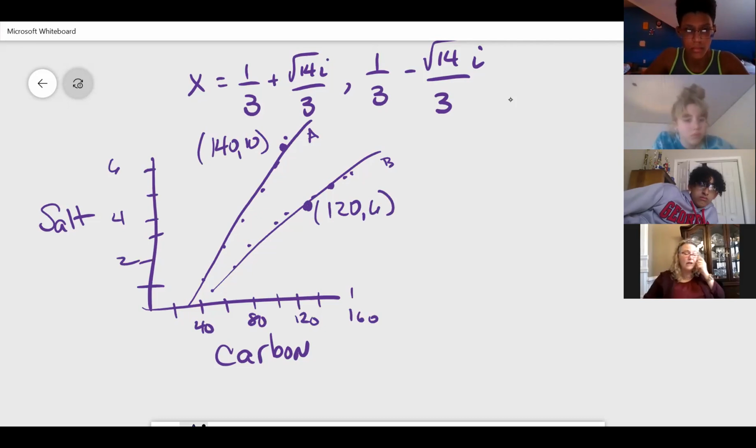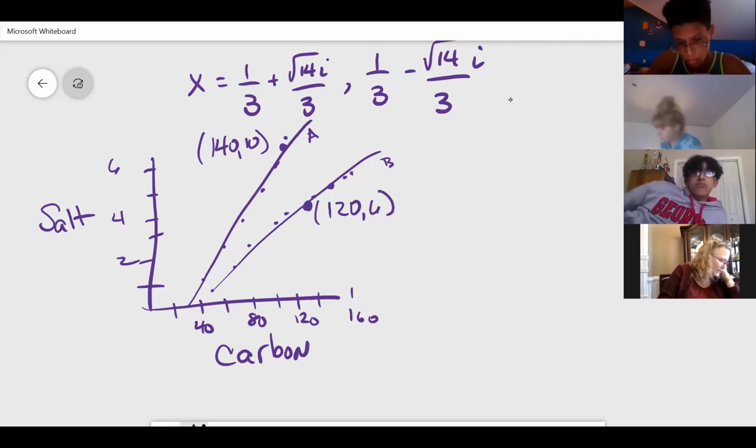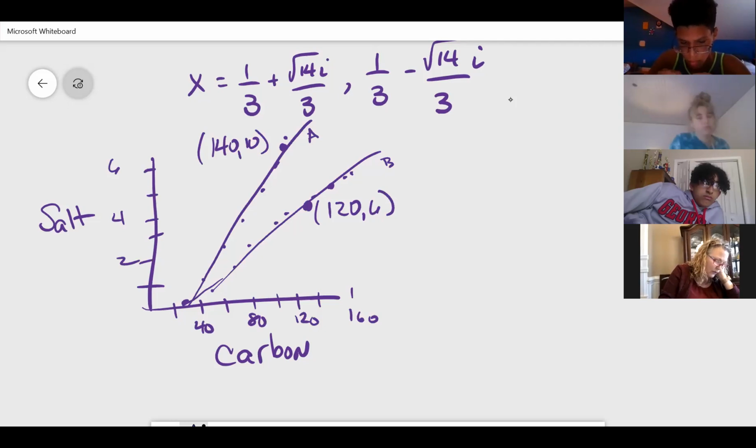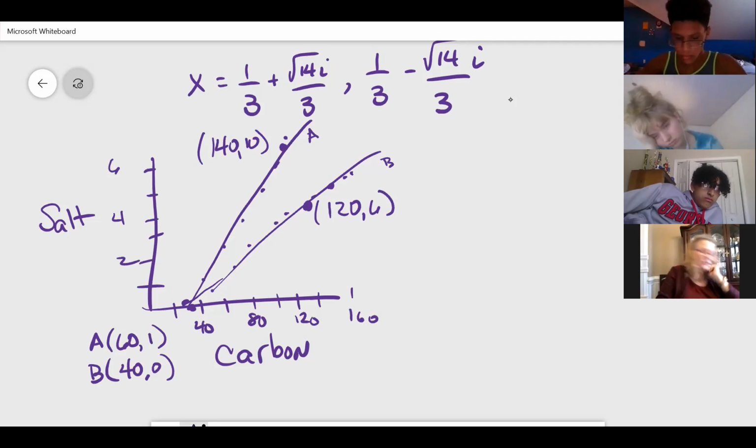Okay, so I've got two different points there that I can look at. I'm also going to have, notice the fact that these lines come down here and they kind of cross. And let's go ahead and get 2 more points on those lines as well. So over here on line A, I'm going to get a point that's going to be 0.61. And I'm going to get a point on B that's going to be 40, 0.